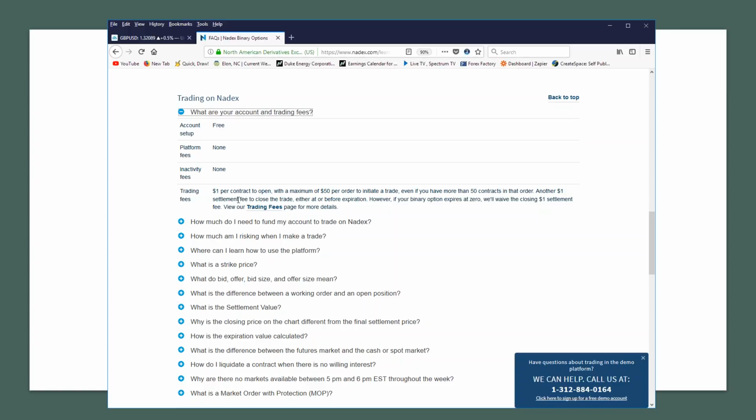And then it's $1 to close the trade, okay? But if the binary option expires out of the money, which means you don't make money, it's a zero balance, then they waive the $1 settlement fee.